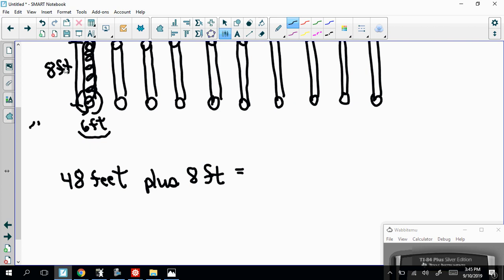Everybody, I know he went around 8 times. Let me read this right. He went around 8 times. And we know the circumference is 6 feet. So for sure, 48 feet's going to do it. But he's going to have to go up the pole 8 feet. Huh. That's a pretty cool problem. I think it's actually less than 56 feet.